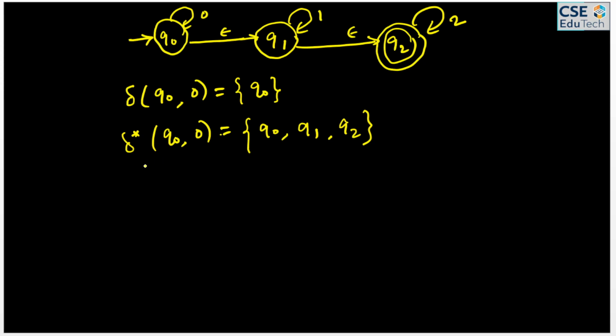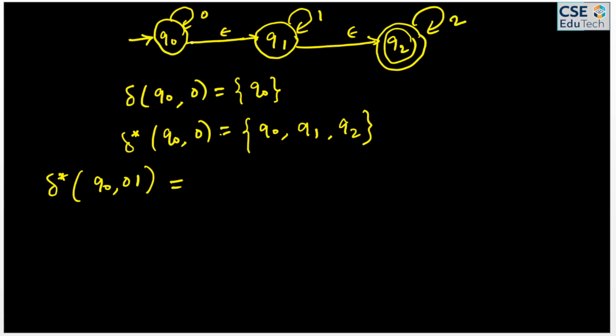Now suppose, what will be the outcome of delta star Q naught 0 1? That means starting from Q naught after reading 0 1, what are the possible states that you can move? Obviously, from Q naught after reading 0, you are in Q naught.